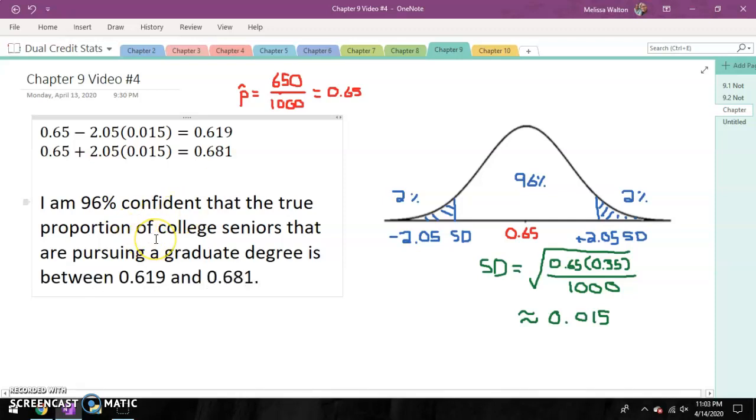We did not survey every single college senior. However, with our sample and our confidence interval, we're about 96% confident that the actual proportion going on to get a graduate degree is somewhere between about 62% and 68%.